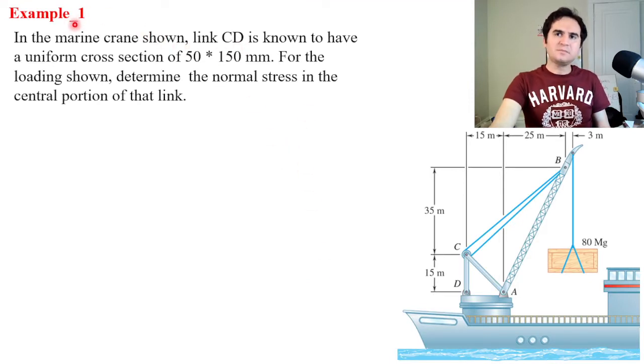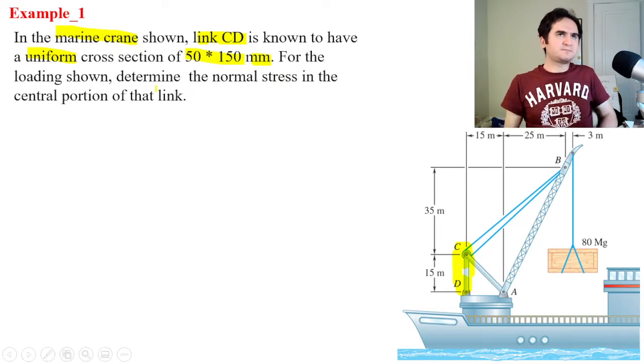So if we do have a marine crane and link CD is shown with a uniform cross section of 50 times 150 millimeters. This is the link CD, and this is the whole configuration of the crane and the hanging box from the top of the crane.